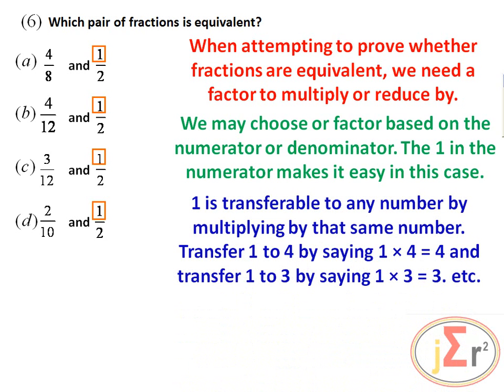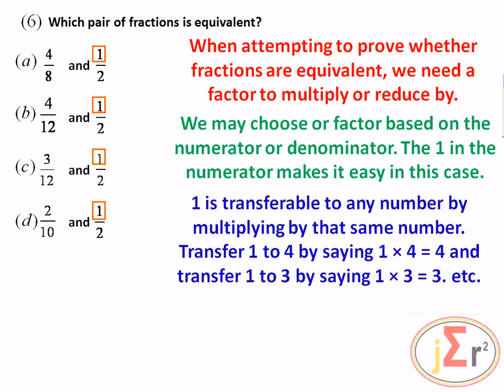So if we have a fraction, say, Jerry, if we have a fraction like 3 over 4, and we have another fraction that we want to know if that fraction is equivalent to 3 over 4. The numerator of that fraction is 18.